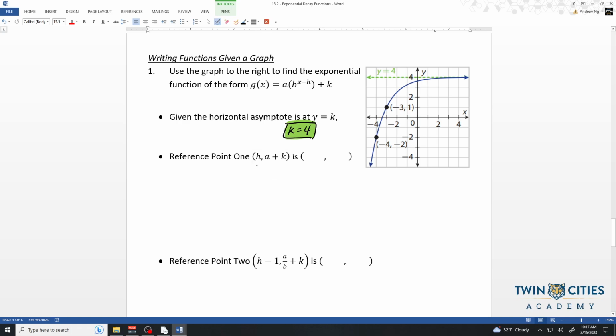Reference point 1 is at h comma a plus k. Remember, for exponential decay, this is going to be the point on the right. So this will be -3, 1. Left equals left, right equals right. So h equals -3.